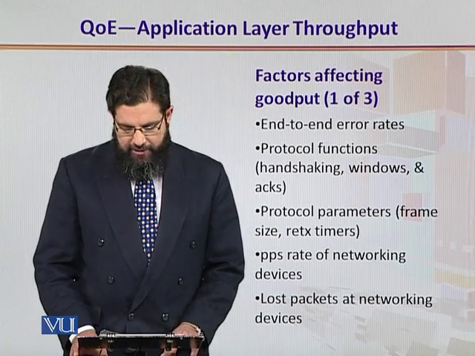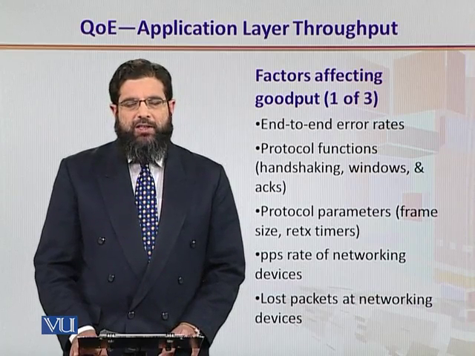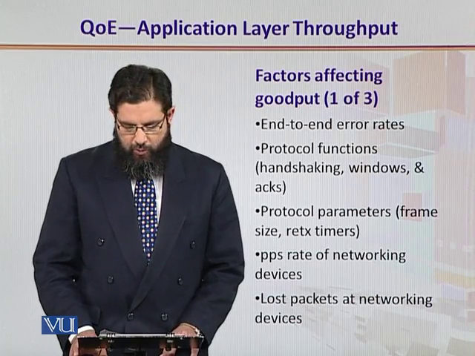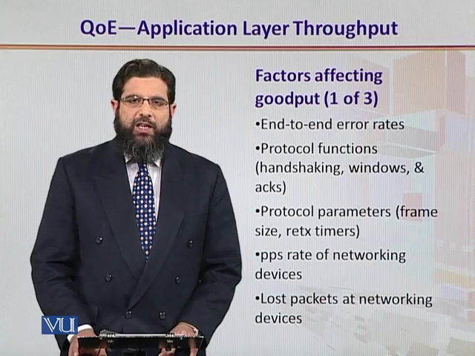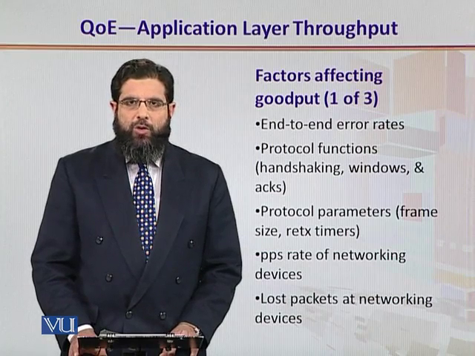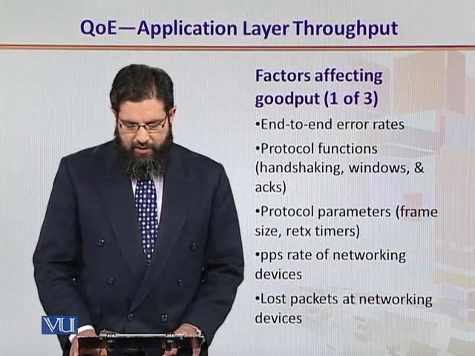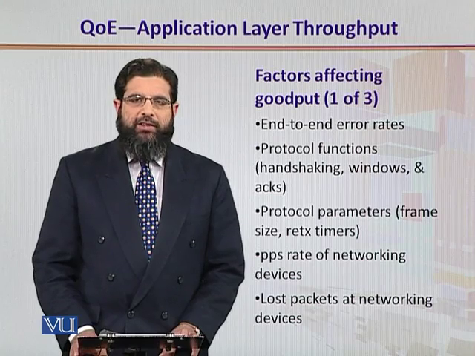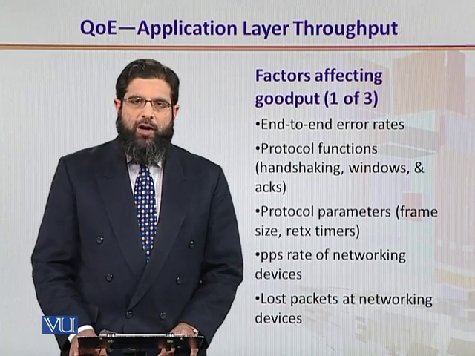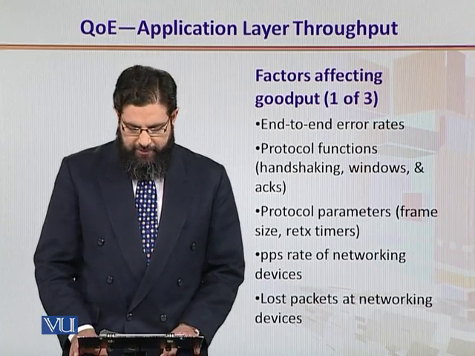The protocol parameters, for example, what is the default frame size, what are the values of the retransmission timers, are going to determine the overall load in terms of good put and bad put. The packets per second of the networking devices, because the intermediate devices, be it switches or routers, have a very significant role to play.